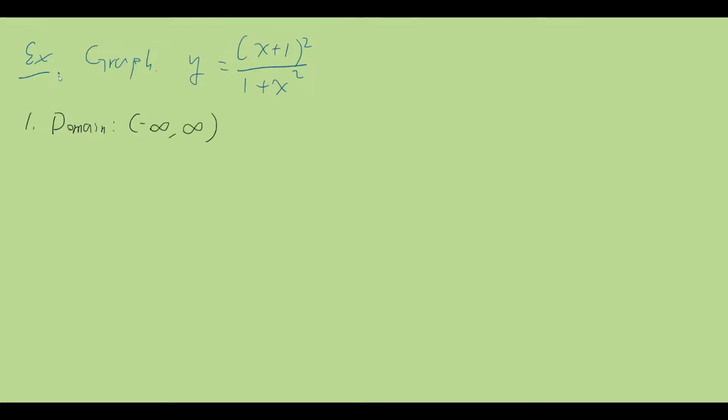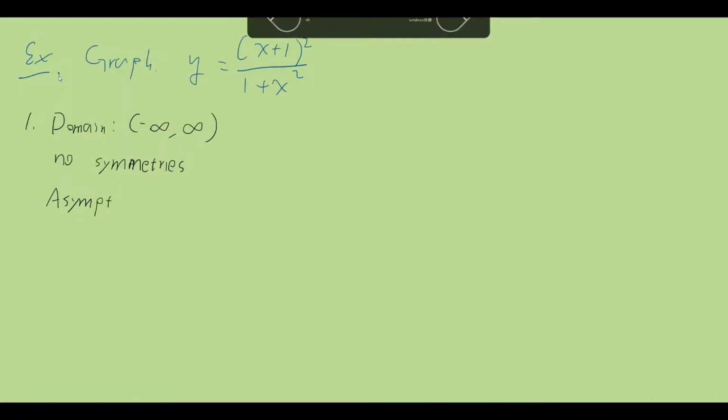All right. And there are no symmetries. If we check if it's even or odd, it's not going to work out, right? It's neither even nor odd. In this case, we do have an asymptote. For asymptotes on a rational function, in this case, the degree of the numerator is the same as the degree of the denominator.